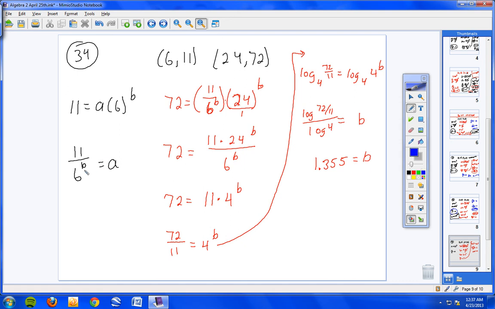And now watch my pen. There's a b right here. I know what b is. I can substitute 1.355 in for b. So I really have 11 over 6 to the 1.355 equals a, which would be the exact same thing as 11 over, let's type this in, 6 to the 1.355 power, 11.3343.